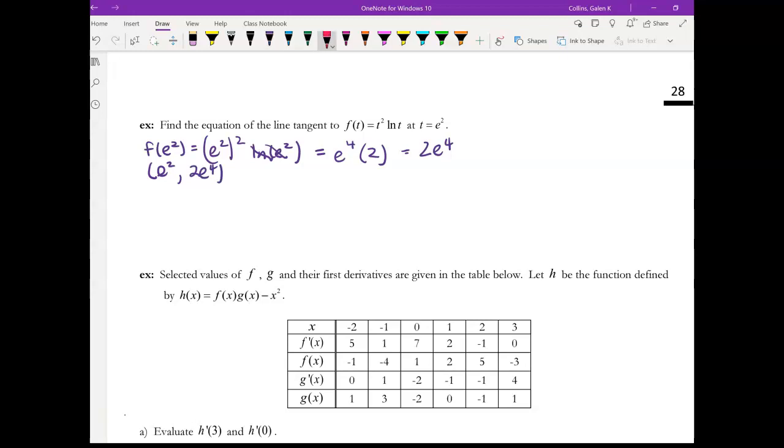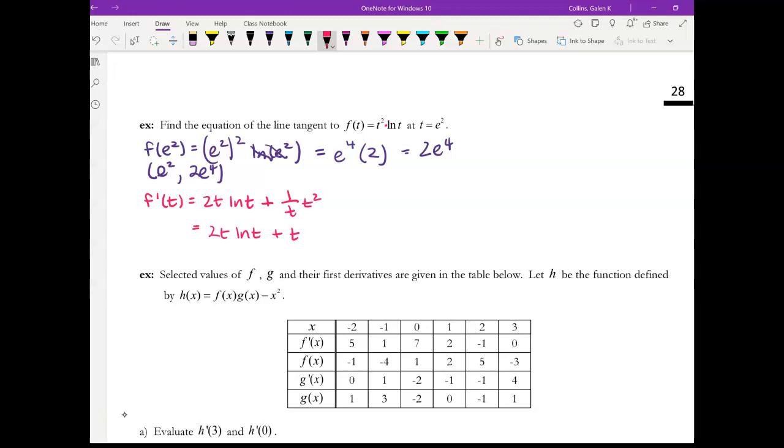All right, now for the fun part, let's find our derivative. We're using the product rule. So f prime of t is the derivative of the first times the second, 2t ln t, plus the derivative of the second times the first, 1 over t times t squared. When I clean that up, 2t times the natural log of t plus t, since t squared times 1 over t is t.